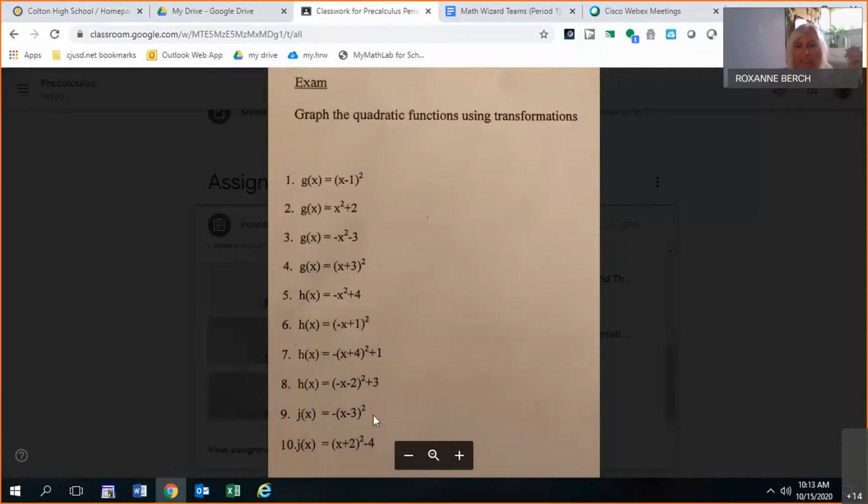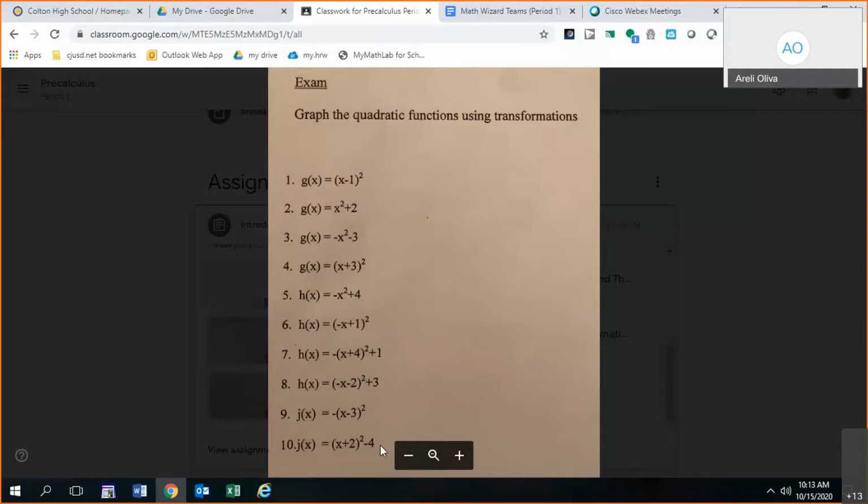You have something on the inside and something on the outside. What would it be? Right 3, reflect over X. Yep, good job, Brandon. Okay, how about number 10? Left 2 and down 4. Yep, good job, Aurelia.